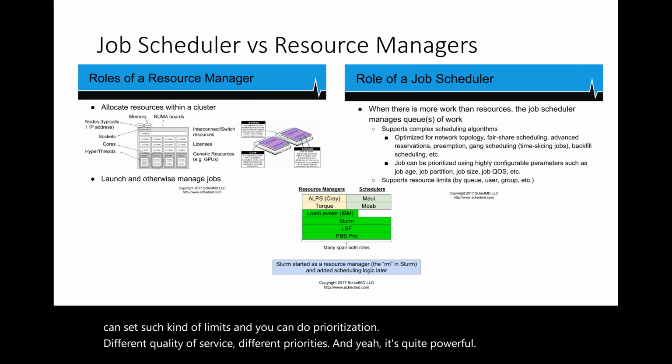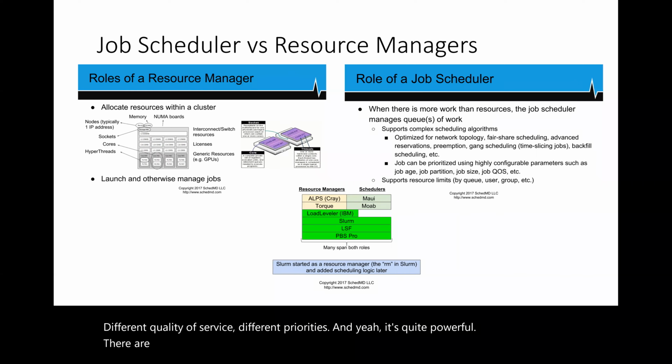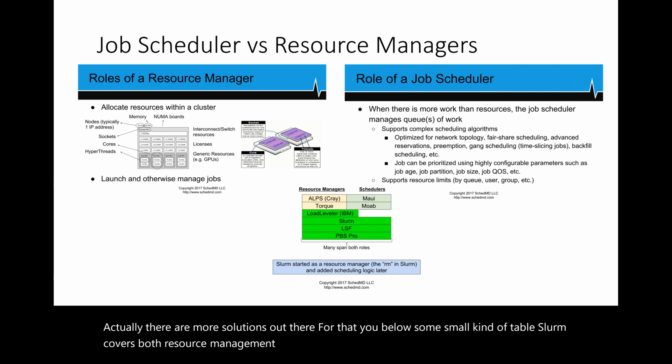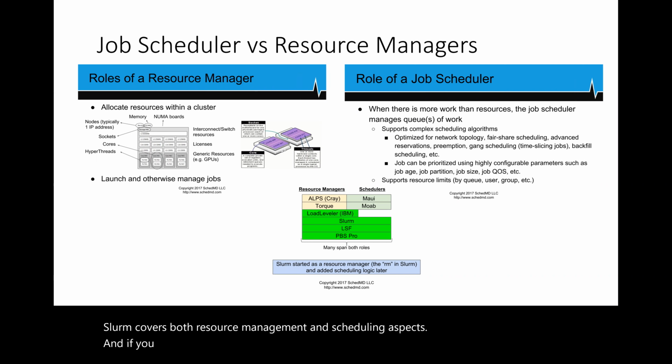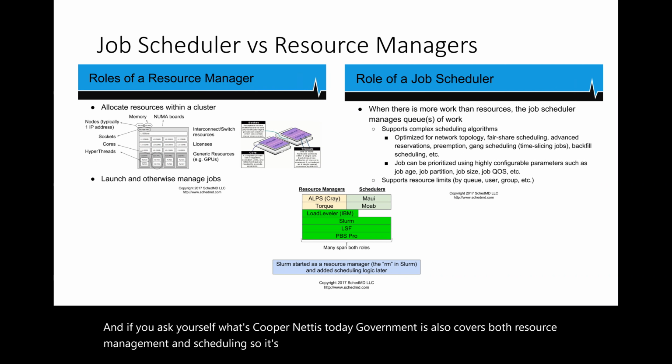Actually, there are more solutions out there for that. You see below a small table. Slurm covers both resource management and scheduling aspects. And if you ask yourself what's Kubernetes, today Kubernetes also covers both resource management and scheduling. So it's another bar in this table.